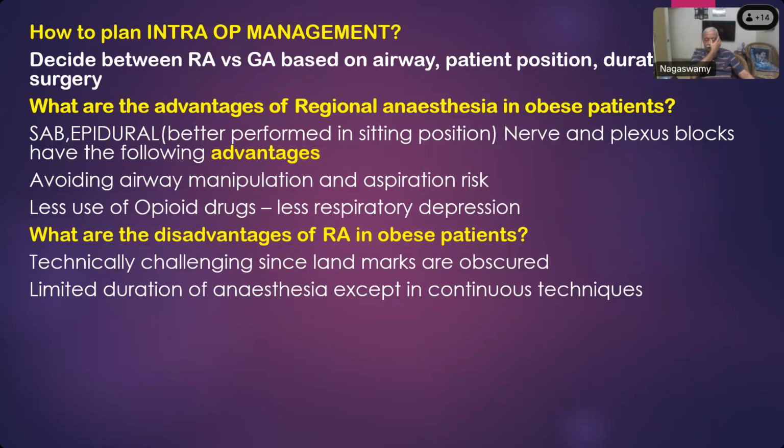For example, in your TKR, your surgeon is going to take 4 hours instead of the normal 45 minutes to 1 hour done nowadays by expert surgeons. If they are going to do it for 4 hours, your single shot spinal may not work for that long. So unless you do a continuous epidural catheter or intra-subarachnoid catheter, you cannot prolong the anesthesia. So limited duration is the second disadvantage.